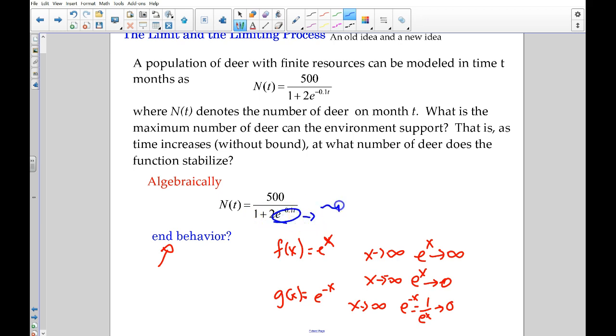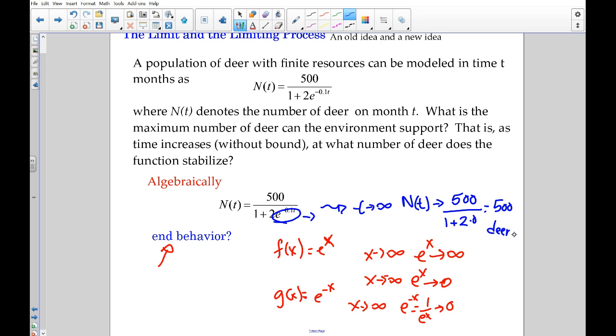So what this means is that if t goes to infinity, n of t is going to go to 500 over 1 plus 2 times 0. And 2 times 0 is 0, and simplifying this, I get 500. Labeling this in context, it would be deer.